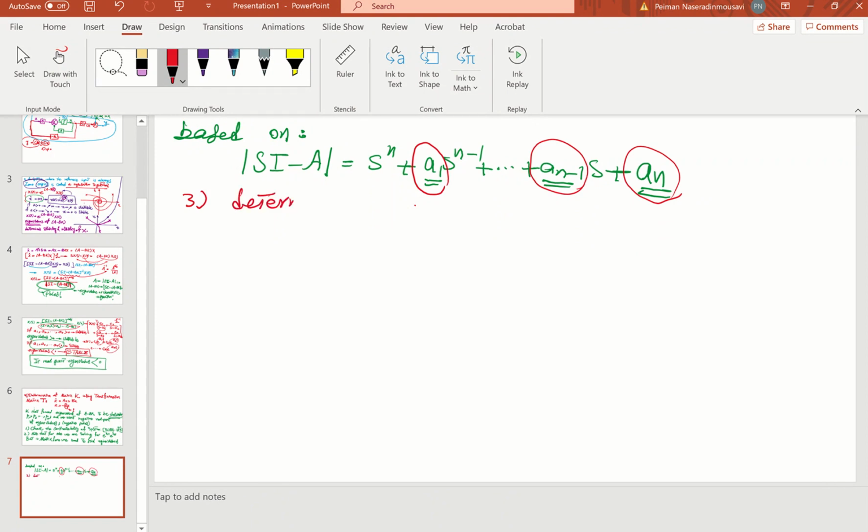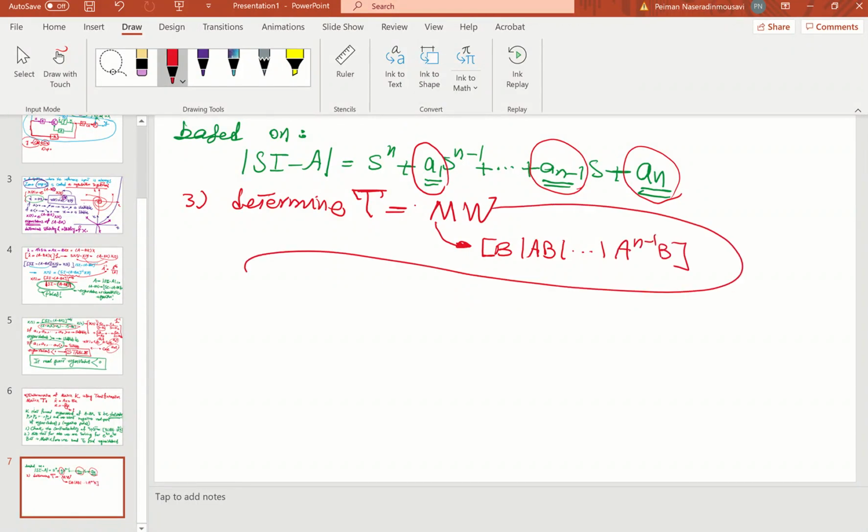determine the transformation matrix T as MW. What is M? M is the controllability matrix B, AB, up to A^(n-1)B. What is W? W is this matrix. I have to look at a piece of paper because I never memorized it. Okay.